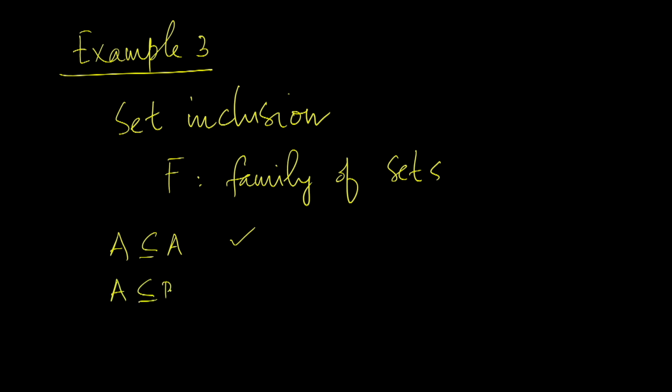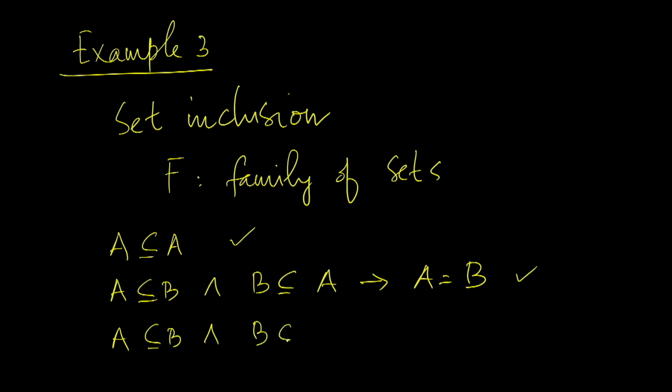If A is a subset of B and B is a subset of A, then A is equal to B. Mind you, we do not use the proper subset relation here. We use the subset or equal relation. And transitivity also holds. If A is a subset of B and B is a subset of C, then A is a subset of C. Therefore, all three properties hold here. Therefore, this is a poset.